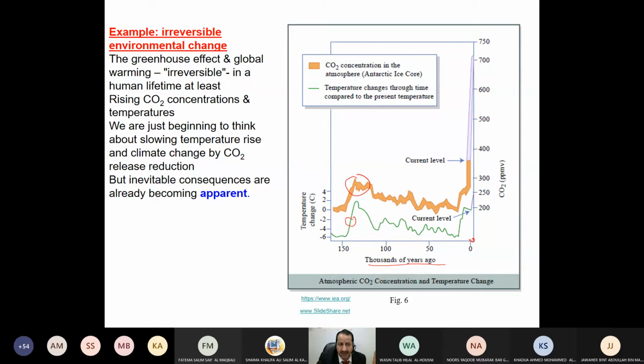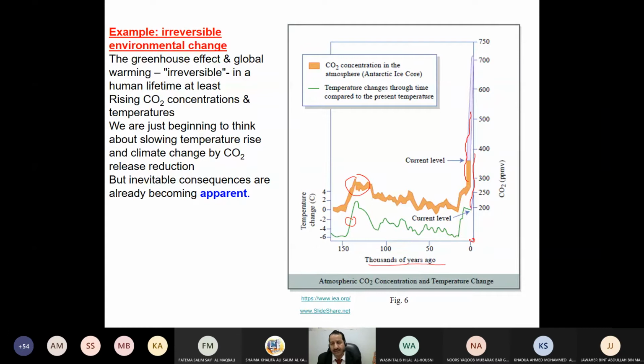This means that any increase in CO2, as we have been doing for the last 100 years, means temperature will increase. And you may say, okay, so what? If the temperature increases, what will happen? Ice will melt, the environment will change, more heat will be captured between the earth's surface, water and land, and the atmosphere, and this will change everything.